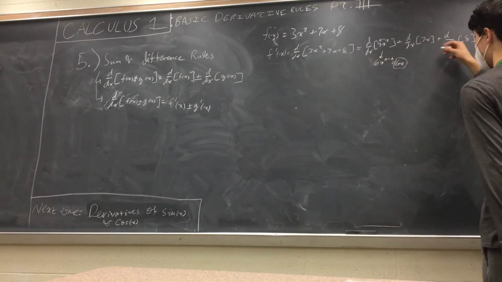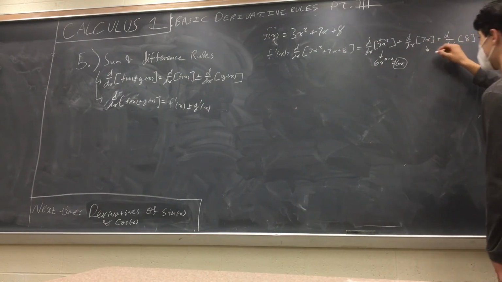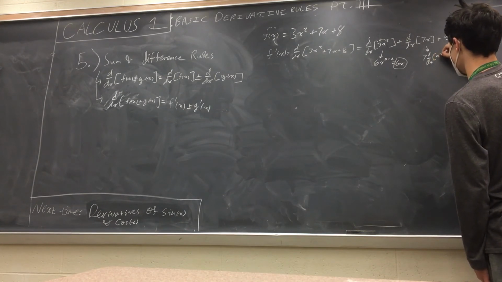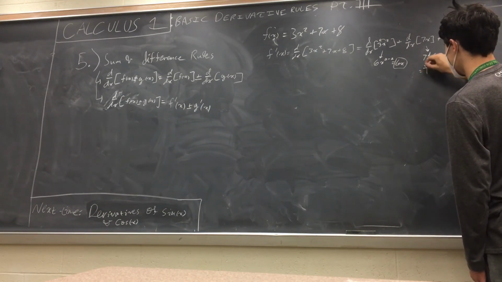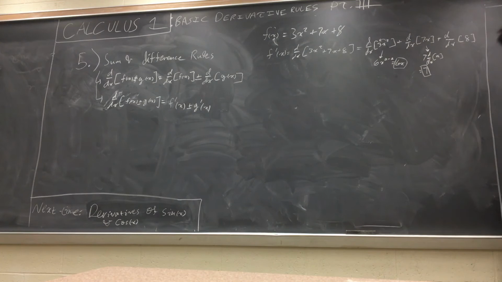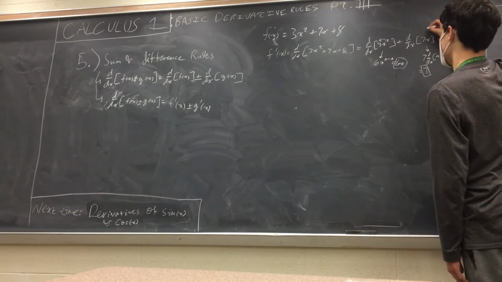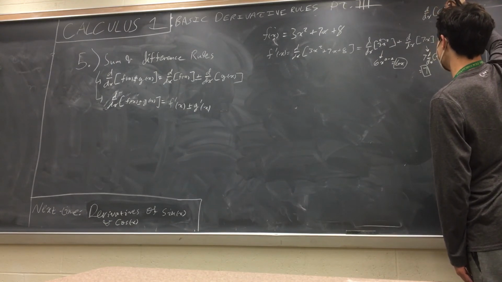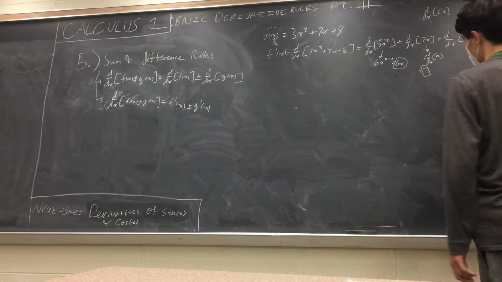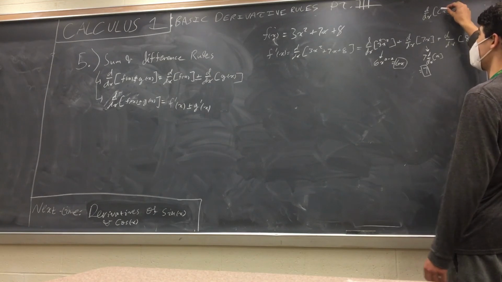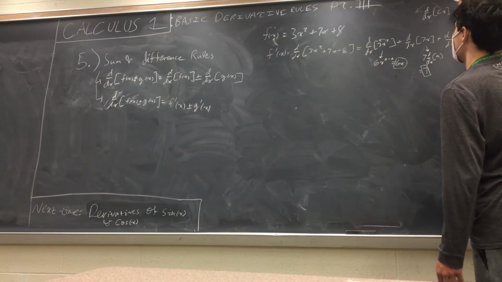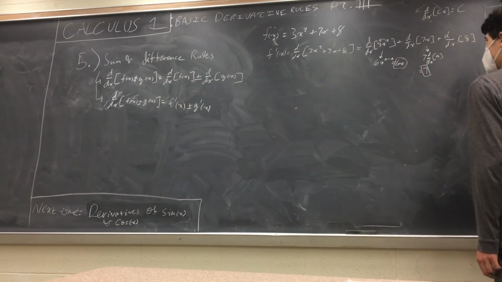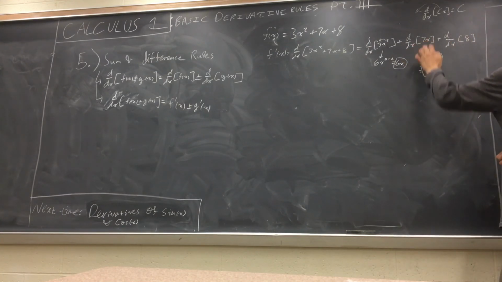The derivative of 7x, we know is 7 times the derivative of x, which is equal to 7. And anytime you have the derivative of c times x, you move the c out, then take the derivative of x, which is 1, so you can just say that this is equal to c. So the derivative of 7x would be equal to 7.